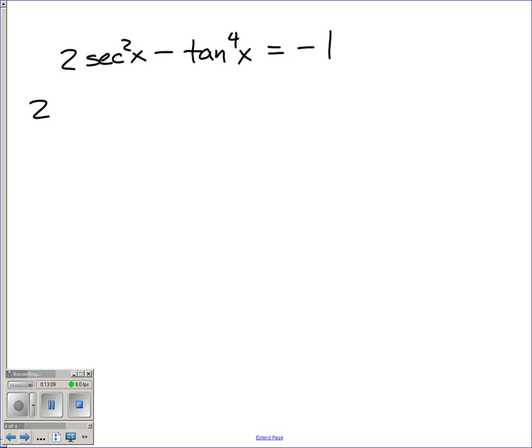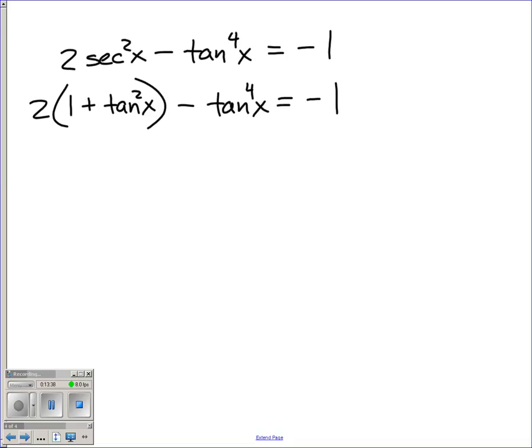And that is secant squared is 1 plus tangent squared of x. I'm plugging that in right there. Minus tangent to the fourth is equal to -1. Now then, all we have on both sides are tangents and their powers. We don't have multiple trigonometric functions here.